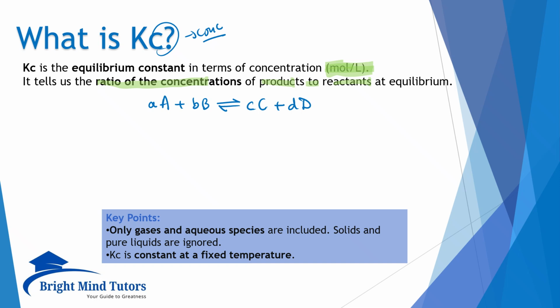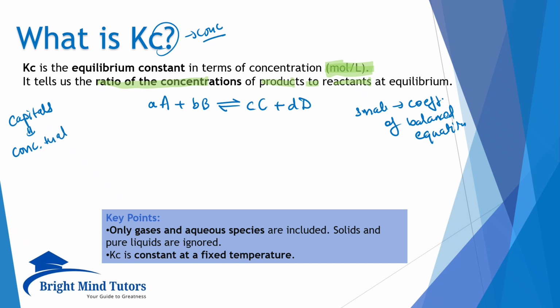The smaller ones are coefficients that appear in the balanced equation. And then what are these A, B, C, D, the capital ones? Capitals are basically concentrations that appear at equilibrium. Like what are the concentrations at equilibrium?